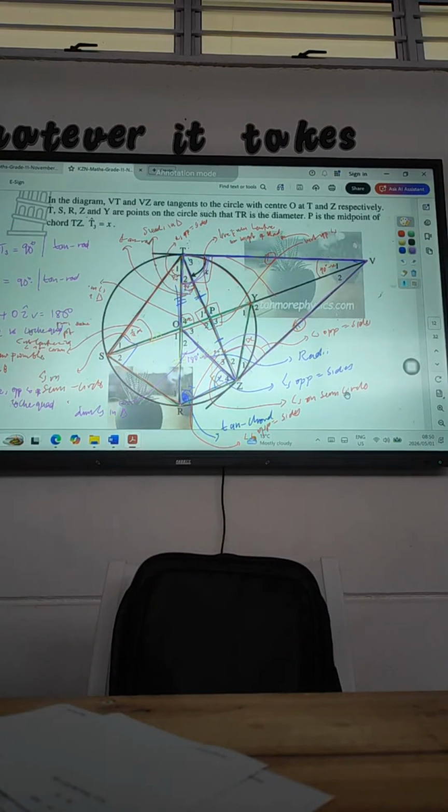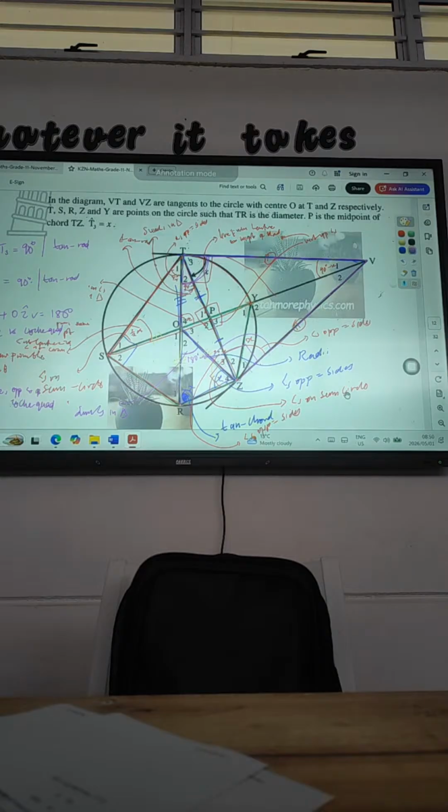And then how do we prove that RZ is parallel to SY? RZ, please highlight RZ from your diagram.